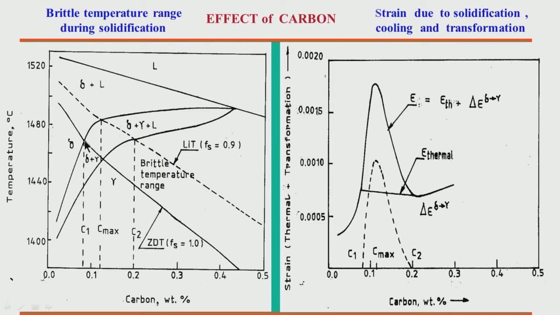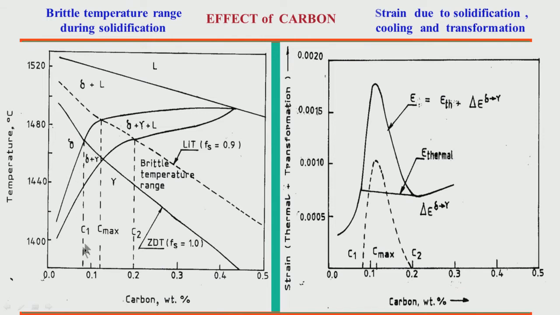What is C1? C1 is the intersection of this delta to gamma line, that means this line with ZDT line. So, what is the situation here? If the carbon exceeds this C1, then this delta to gamma transformation is taking place here.